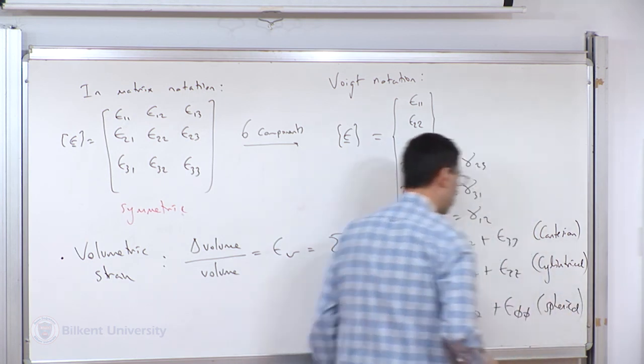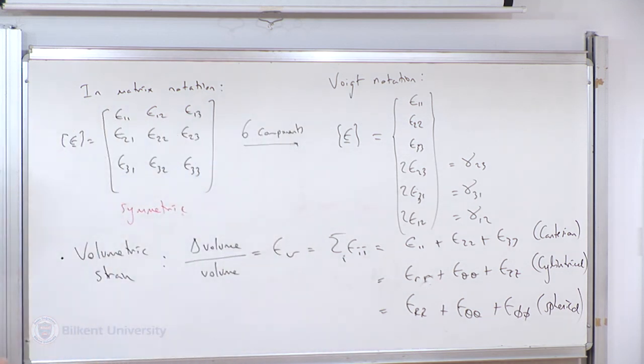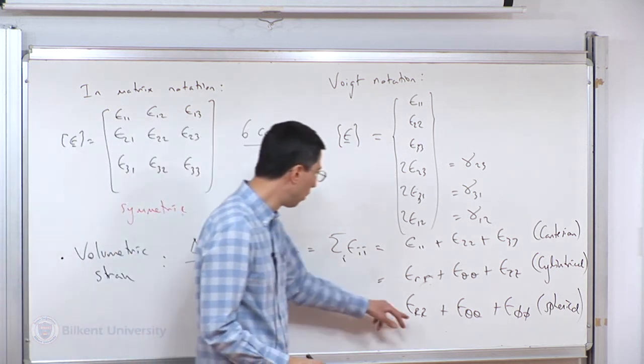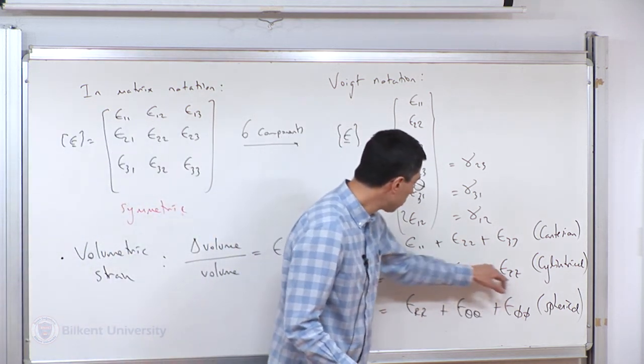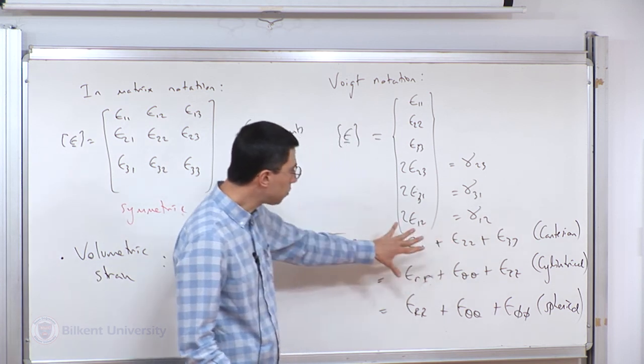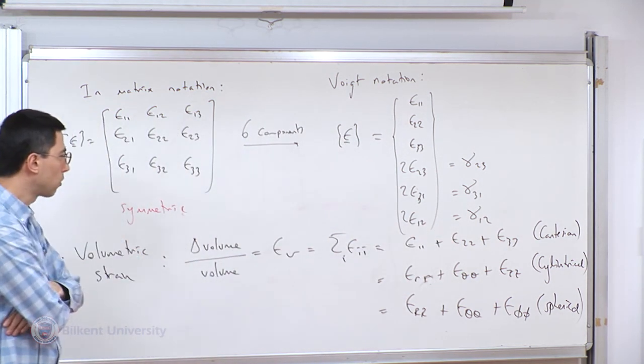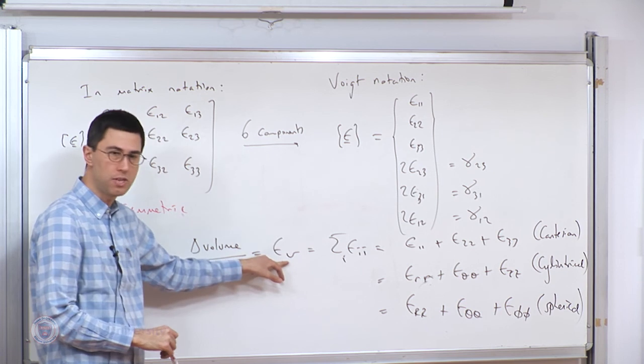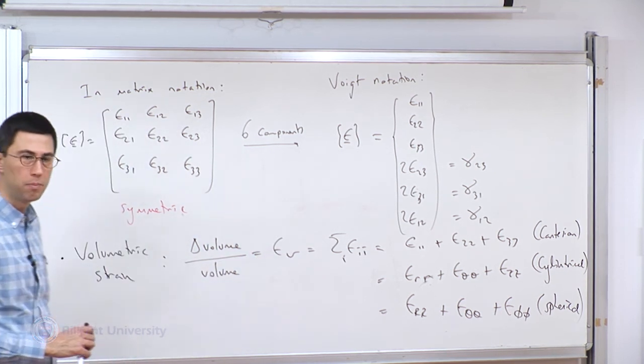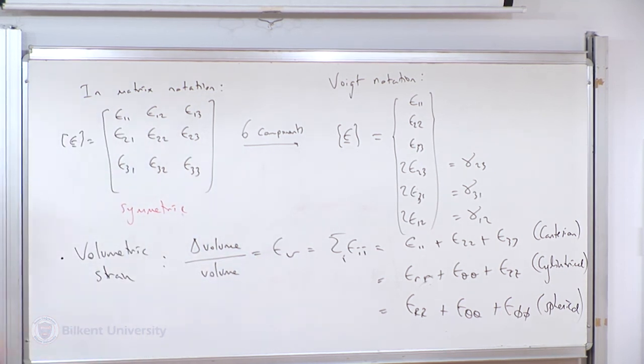So it's always the sum of the diagonal components of the strain. The particular values, depending on the choice of the coordinate system, might differ. So the individual values are different, but irrespective of the choice of the coordinate system, this is always the definition of the volumetric strain. And physically, again, it means the change in the volume divided by the original volume.